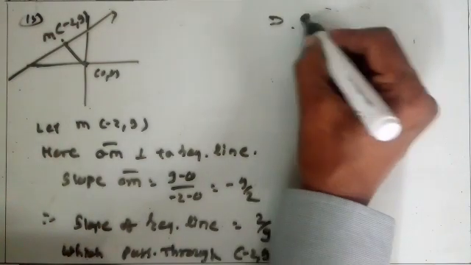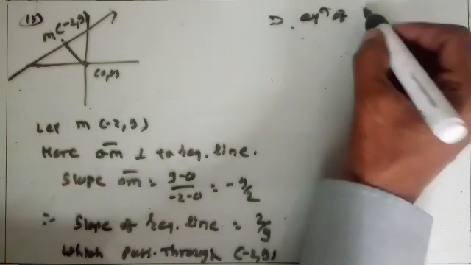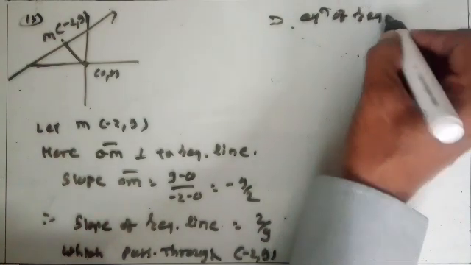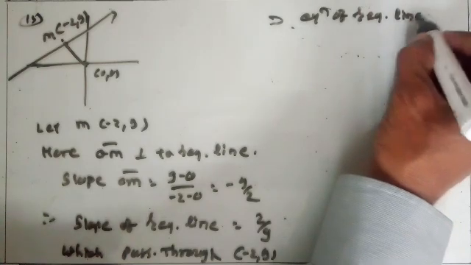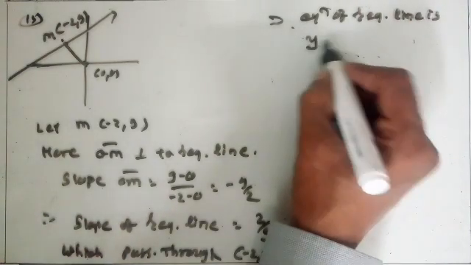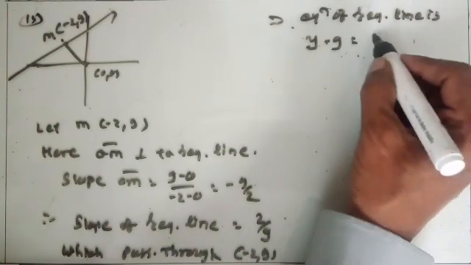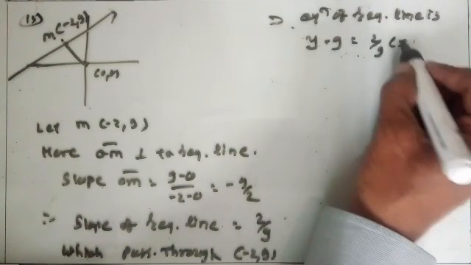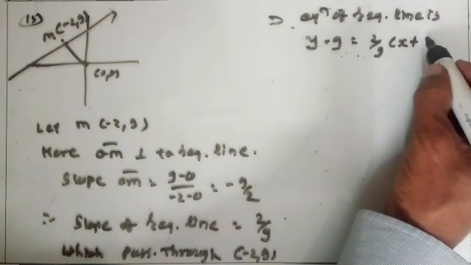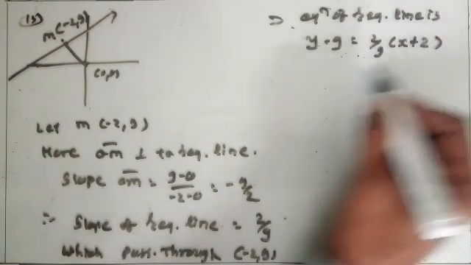Therefore the equation of the required line is y minus y1, that is y minus 9, equal to m, which is 2 by 9, into x minus x1, that is x plus 2.